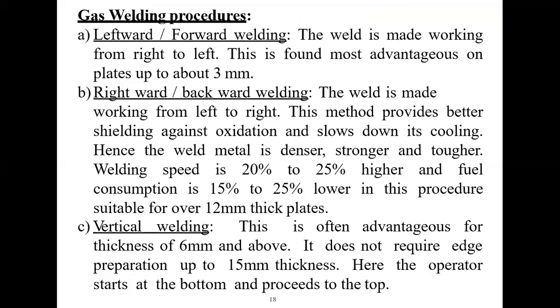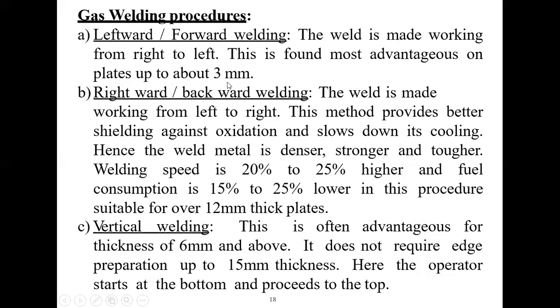We are mainly going to use two types of process: the leftward technique and the rightward technique. Leftward technique is also called the forward welding process, and rightward technique is also called the backward welding process. In the leftward technique, the weld is made working from right to left, and it is most advantageous on plates of about 3 millimeter.